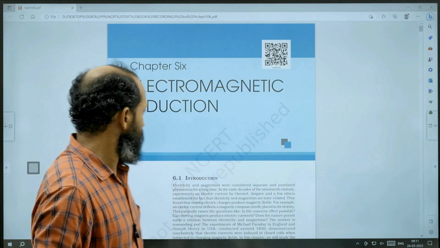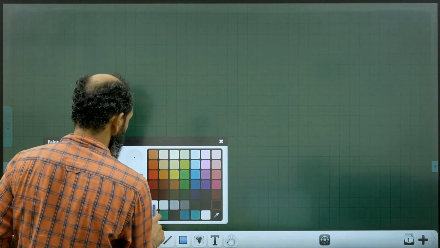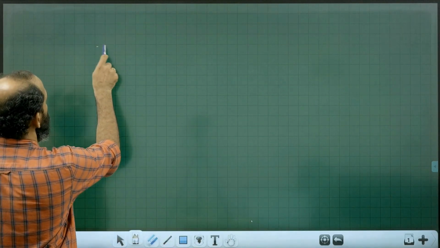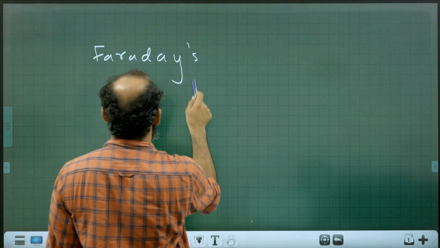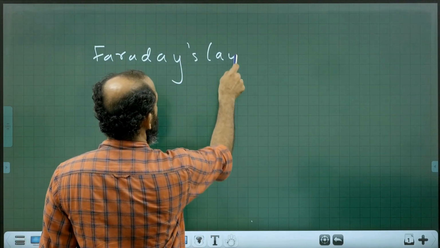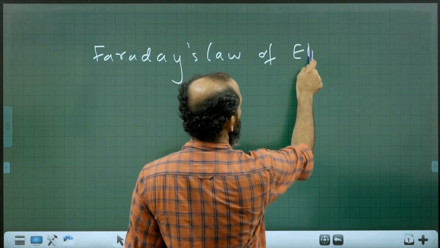Let us see the equation, the mathematical equation for Faraday's law of electromagnetic induction.